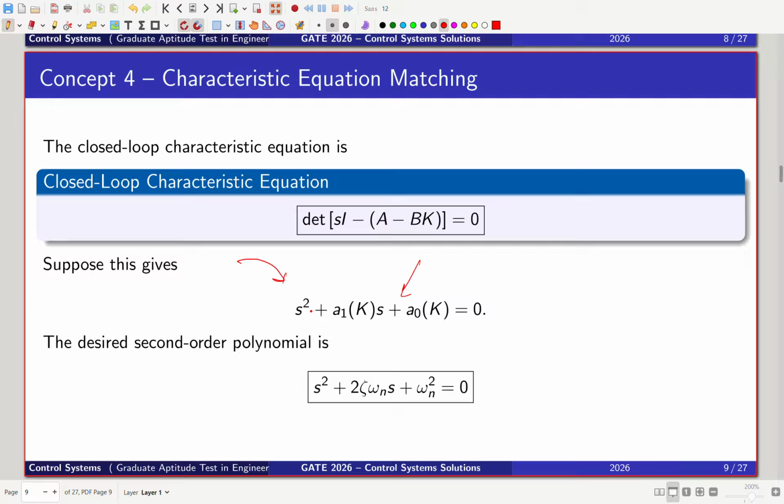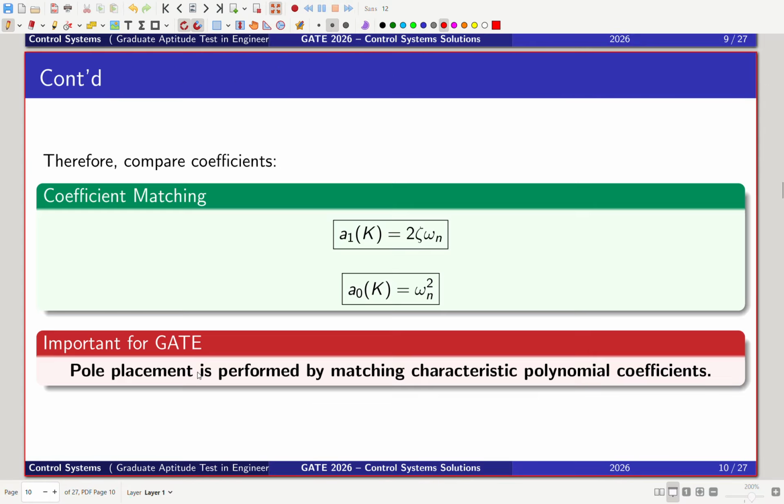Compare it with our standard characteristic polynomial and you get K1 equal to 2 zeta omega n and K2 equal to omega n square. It is important that pole placement is performed by matching the characteristic polynomial coefficients. This is very important.